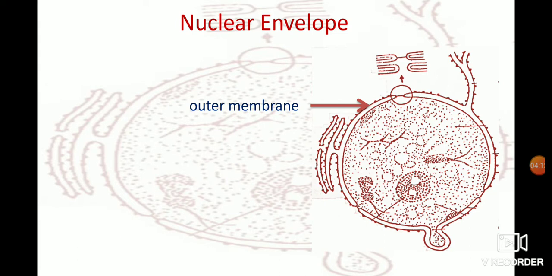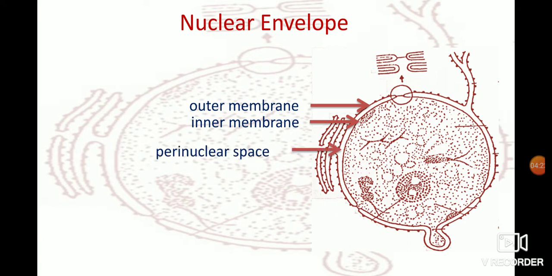As you can see here, this is the outer membrane of the nuclear envelope, and this is the inner membrane of the nuclear envelope, and these two membranes are separated by a space which is called the perinuclear space, about 100 to 150 Angstrom units.